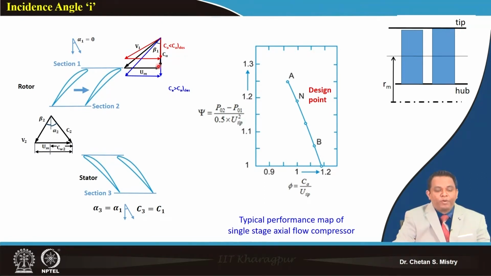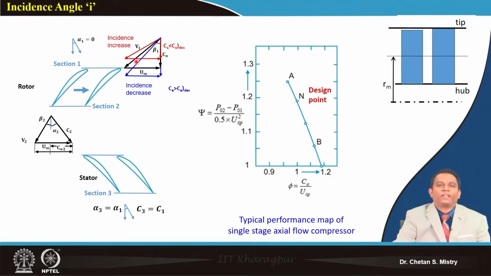So I have a change of angle from beta 1 to beta 1 dash when I have a decrease of axial velocity. This is an increase of my incidence angle. In the same way, here I am writing a decrease of incidence.